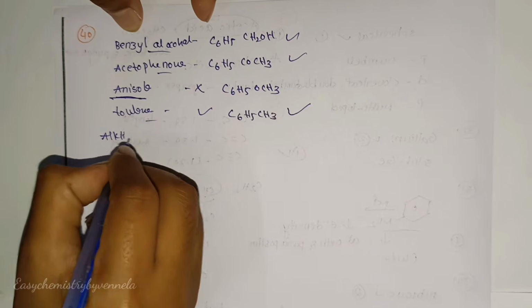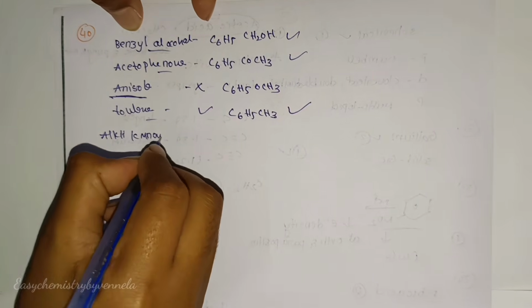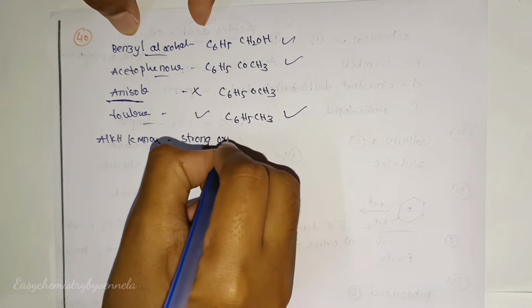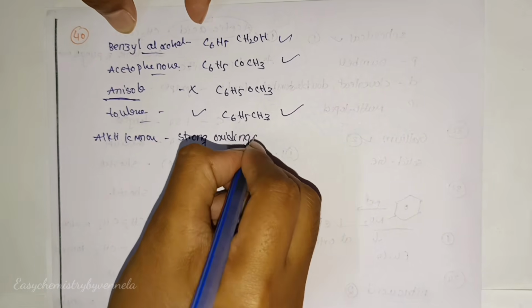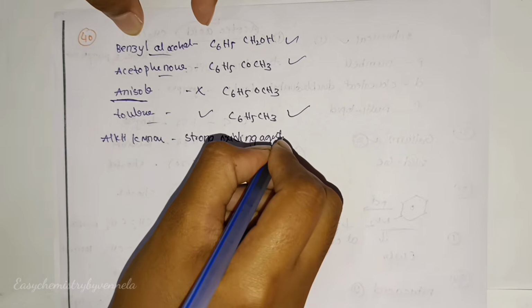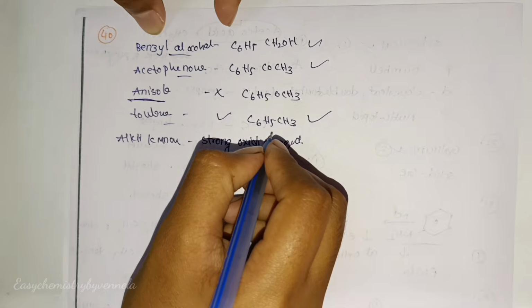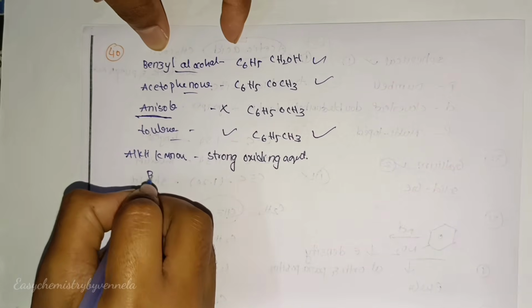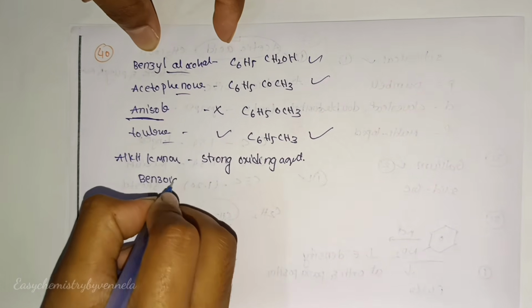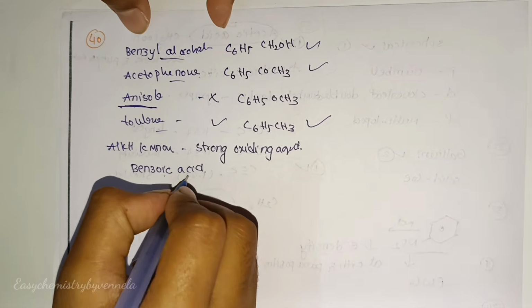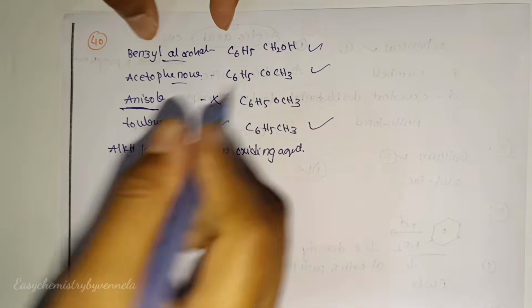Alkaline KMnO4 is a strong oxidizing agent. It oxidizes compounds having a benzylic carbon with at least one hydrogen atom to benzoic acid. Benzylic carbon is attached to the benzene ring.